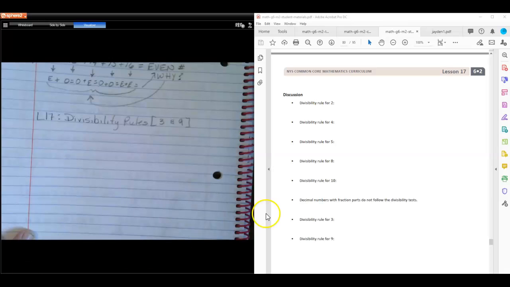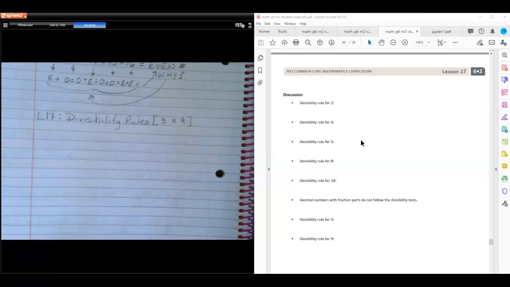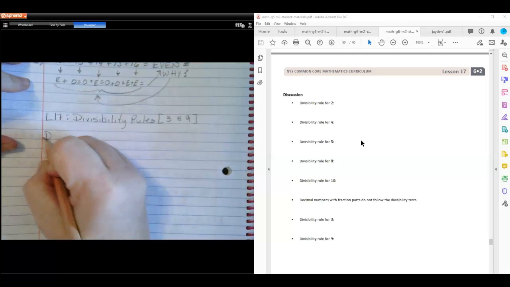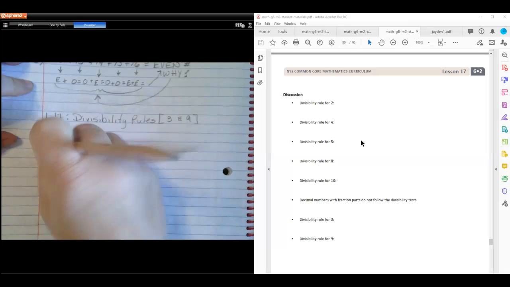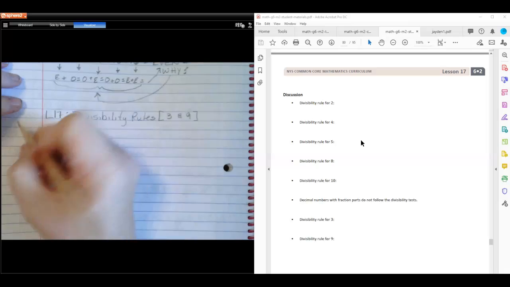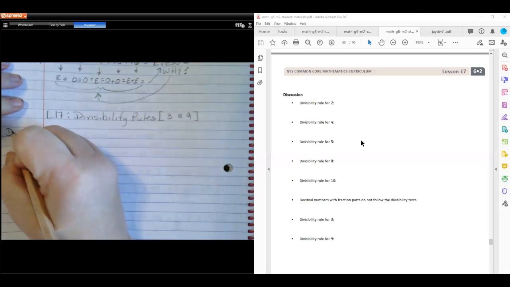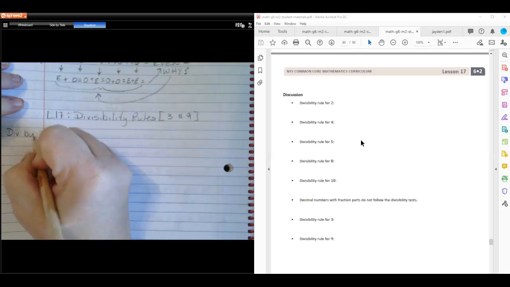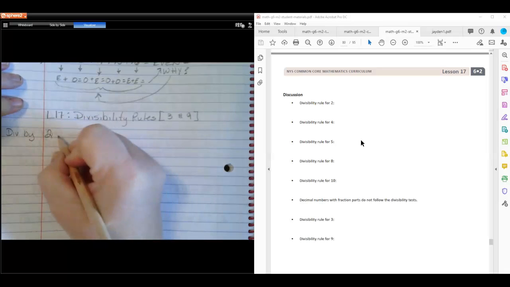So what I've got right here is a page out of your notebook that you would have written down had you watched the videos. You wrote down these divisibility rules. So I'm going to do them again with you. Here we go. Divisible by 2 if.